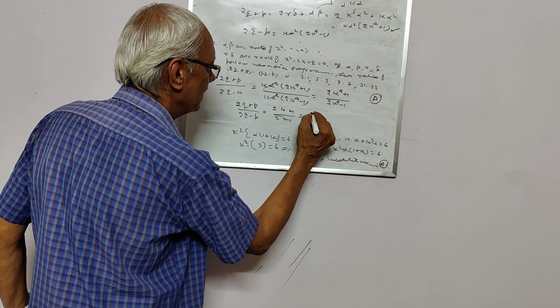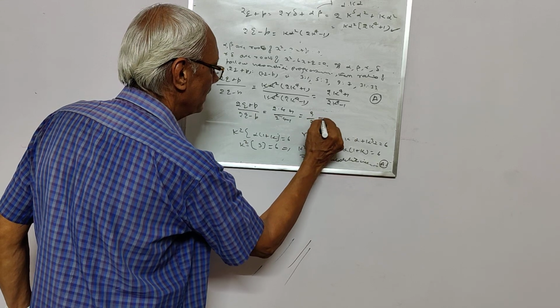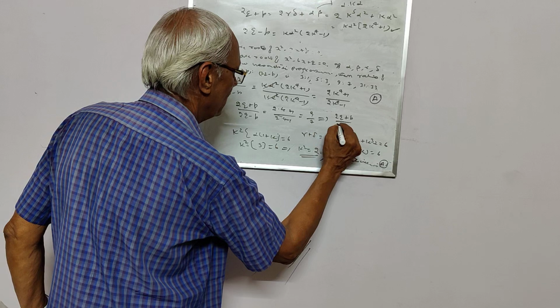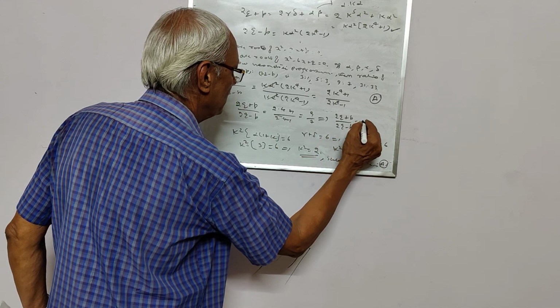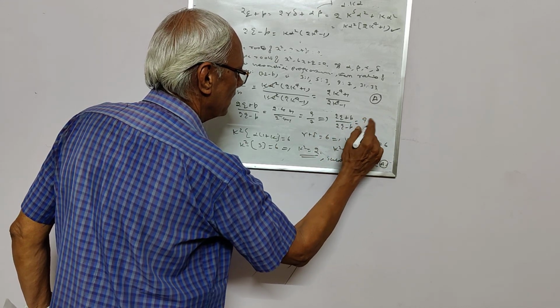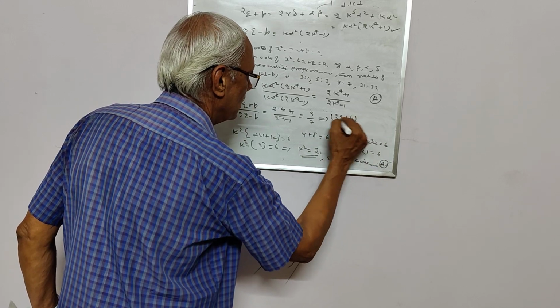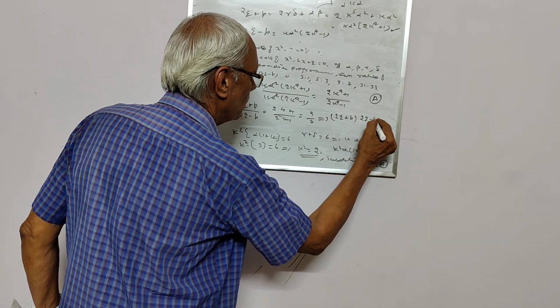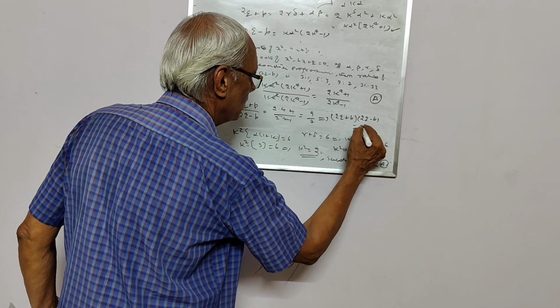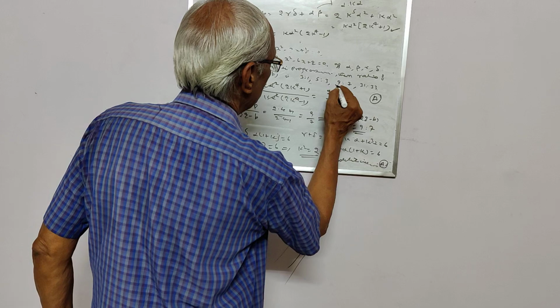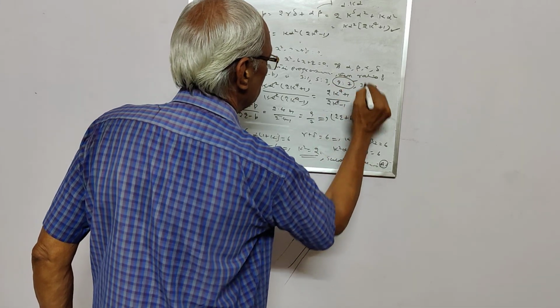So it is 9 by 7, which implies that 2q plus p divided by 2q minus p is equal to 9 is to 7. So you are given here, it is 9 is to 7. So this is the answer.